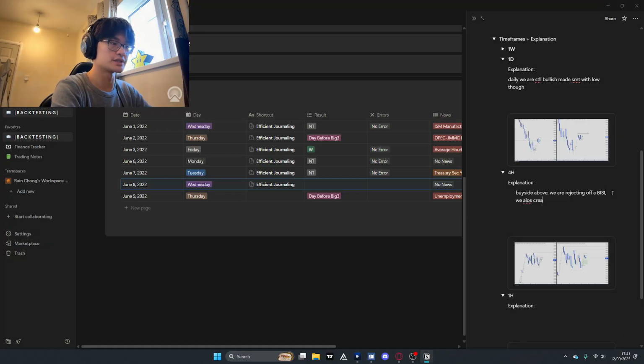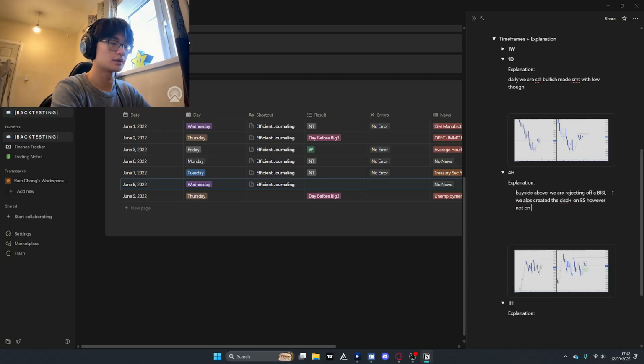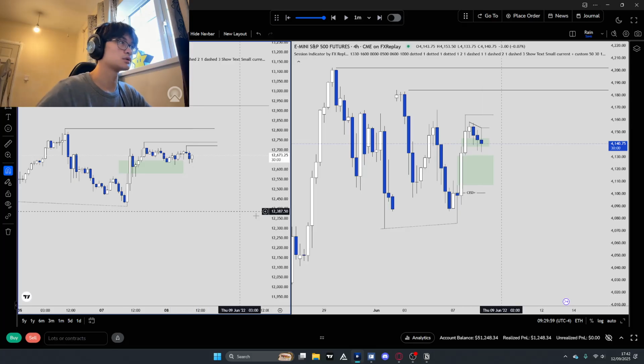We also created the change on ES. However, so one out.